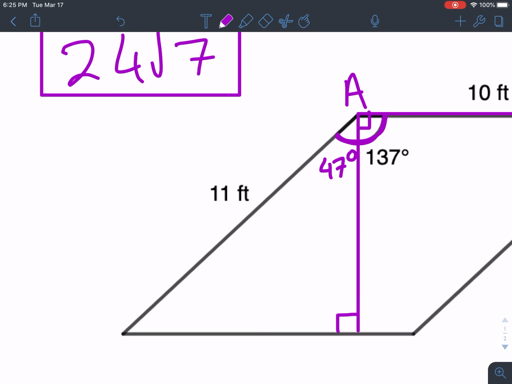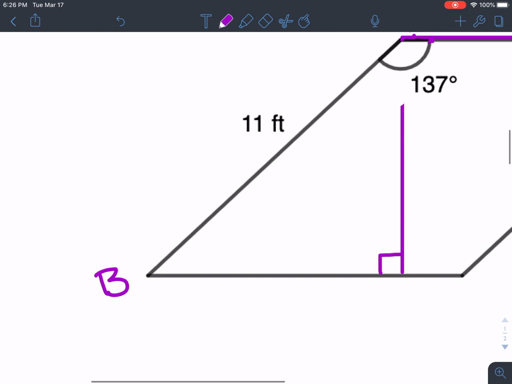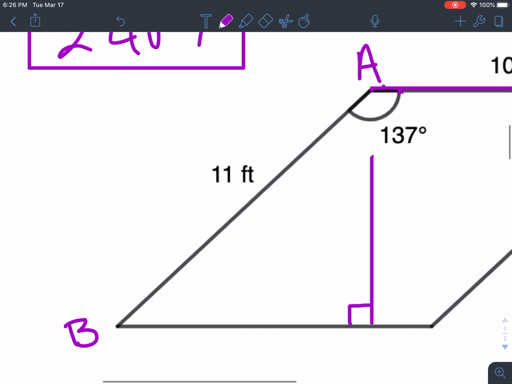Another thing that you could do to find more angles of this triangle, if I were to get rid of all that for a sec, recognize and remember that parallelograms have supplementary consecutive angles. What that means is that if we had a point B down here, angle A and angle B add up to 180 degrees because the opposite sides are parallel in a parallelogram.